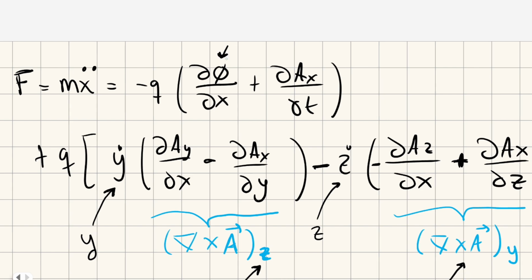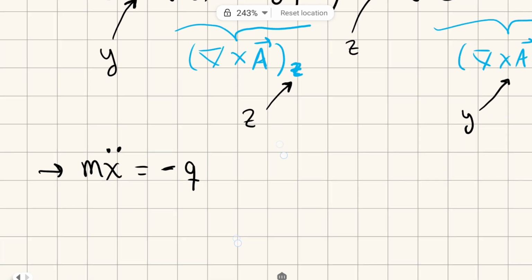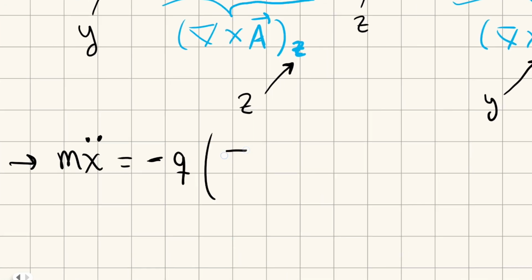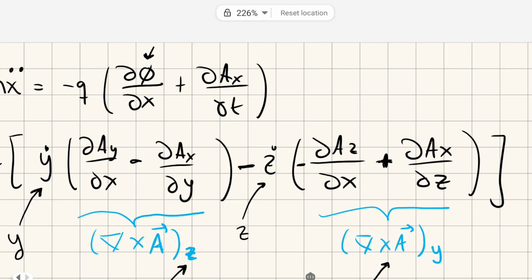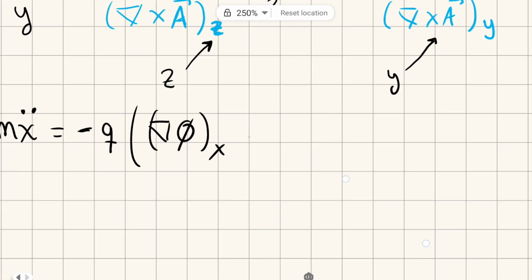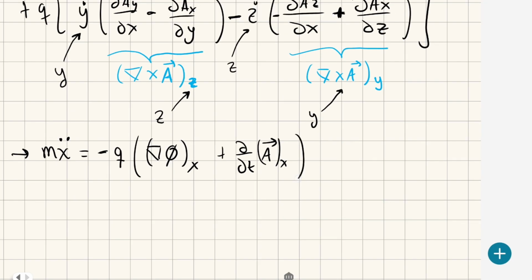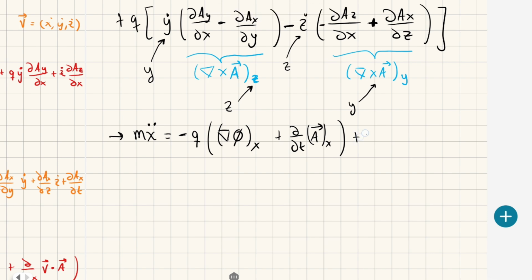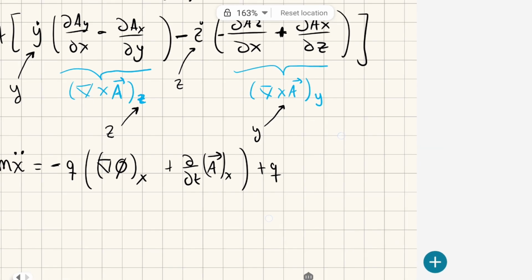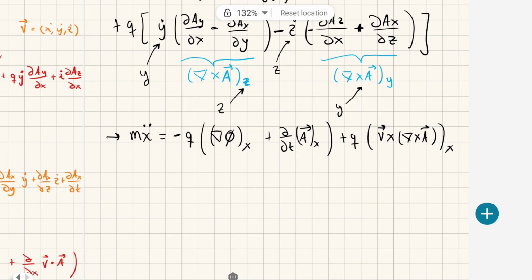We have the x component of the gradient of phi, and then we have the derivative with respect to time of the x component of the vector potential, like this. And then we have here plus q times what we mentioned before: it is v cross the curl of A, but the x component.